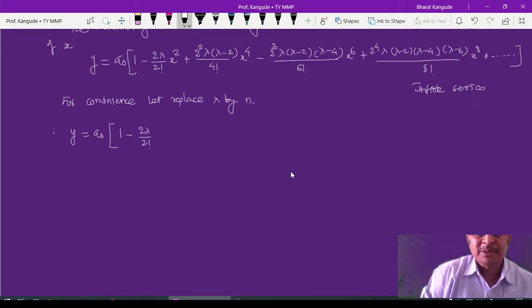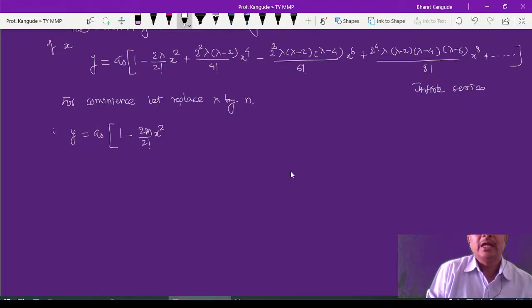Now why is this replacement done? Only for convenience, there is no other meaning. We do not write the Hermite polynomial as H lambda of x, we write H n of x. That's why this shifting has been done. Otherwise there is no major change.